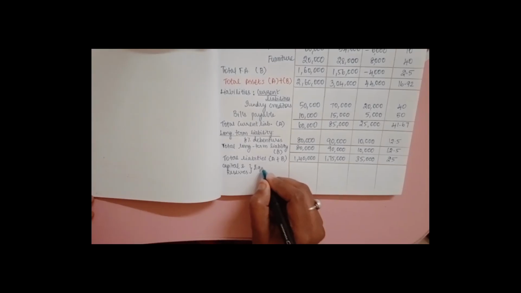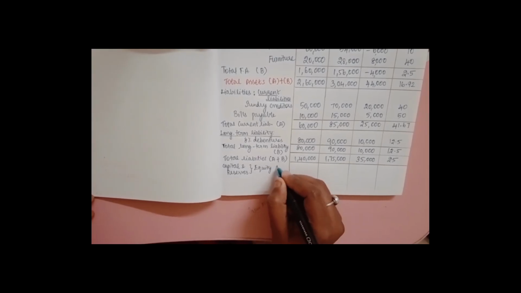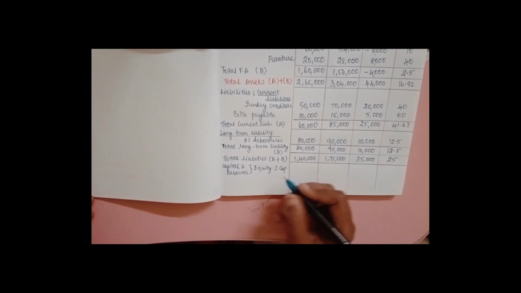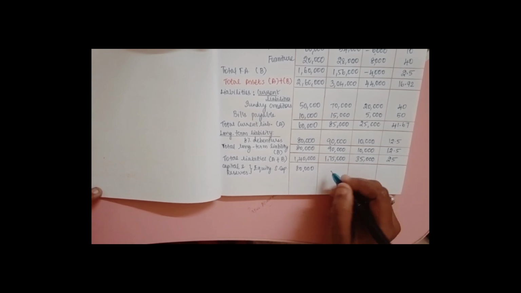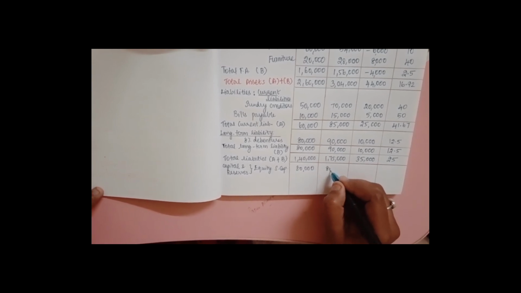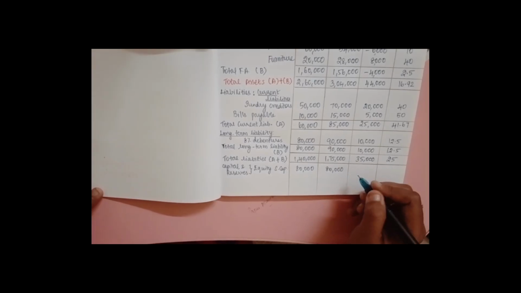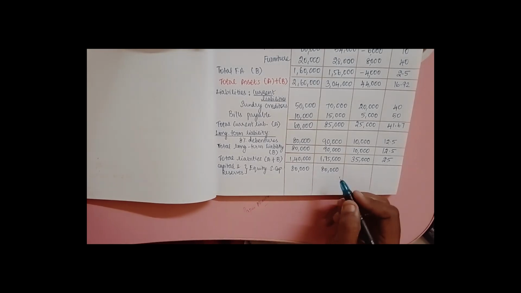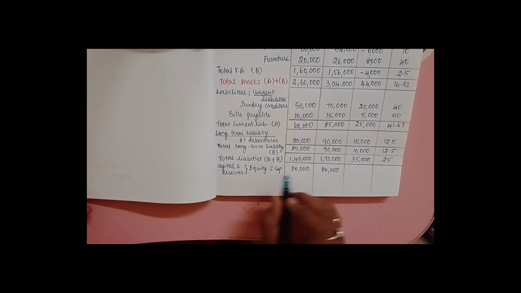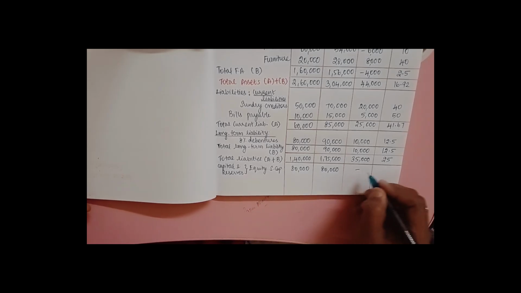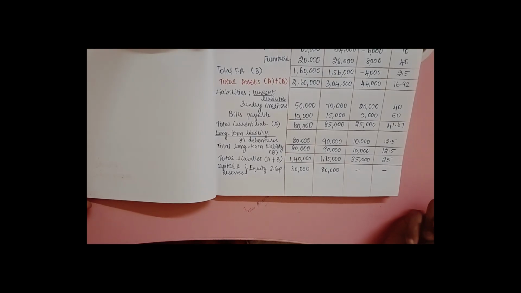So equity share capital, which is 80,000 and 80,000 again. It is very clear that there is neither a decrease nor an increase, so it is maintaining the same level. So it is nil on both sides.